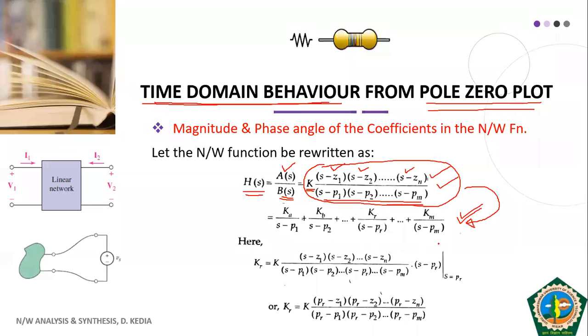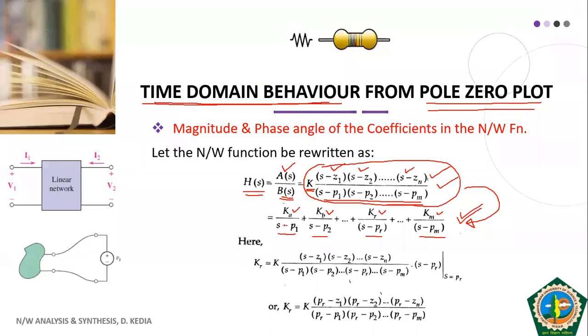We have written all the factors separately, like s minus p1, s minus p2, up to s minus pm, and in the numerator, we have the constants. So we have split our given fraction into partial fractions.